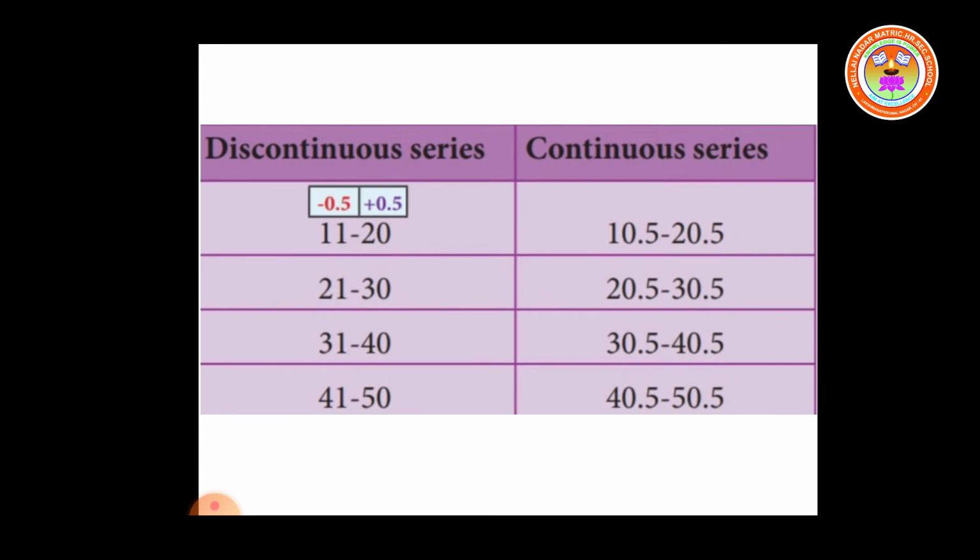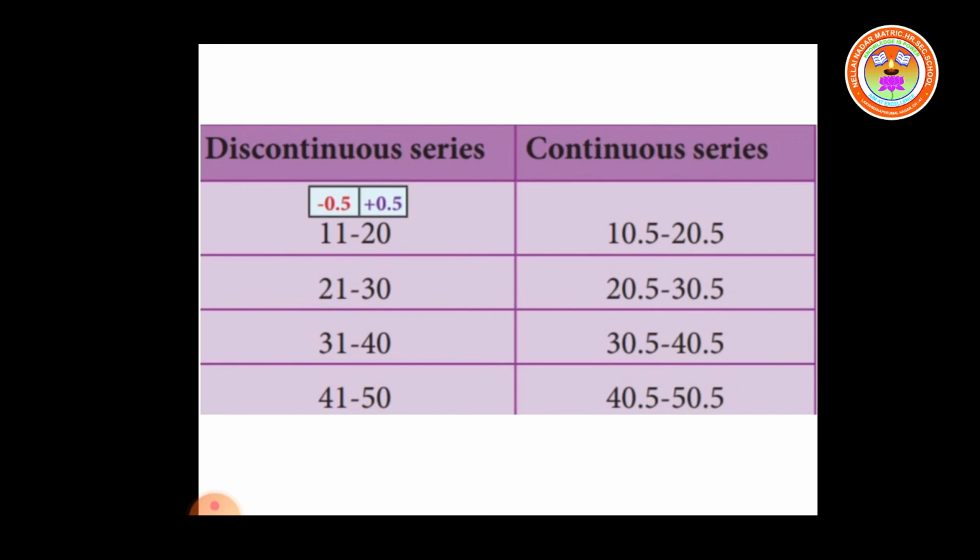Next one, for example, you see the given discontinuous series. We will make that a continuous series by subtracting half of the gap from the lower limit and adding half of the gap to the upper limit. So it becomes 11 to 20 becomes 10.5 to 20.5. 11 subtracted 0.5, 20 added 0.5. 21 subtracted 0.5, 30 added 0.5.